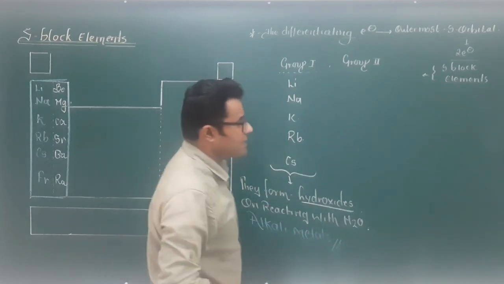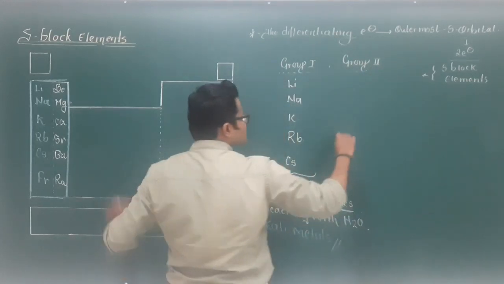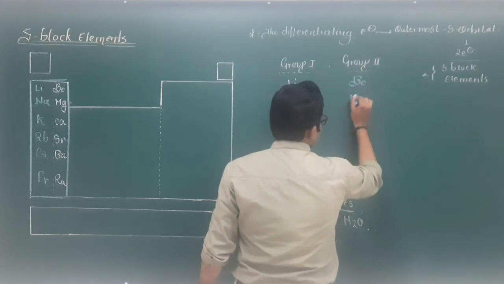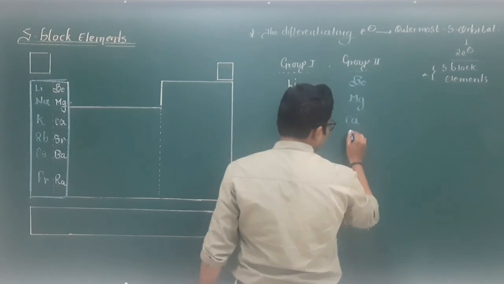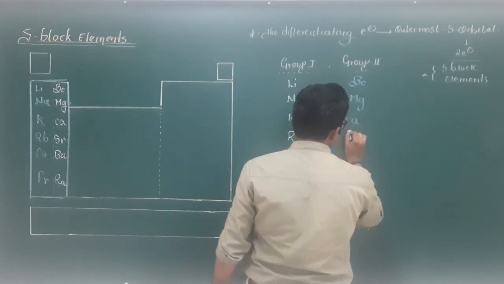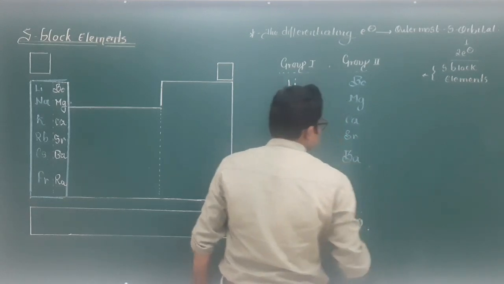On the other hand, we have the second group, group 2. Here we have beryllium, magnesium, calcium, strontium and finally barium.